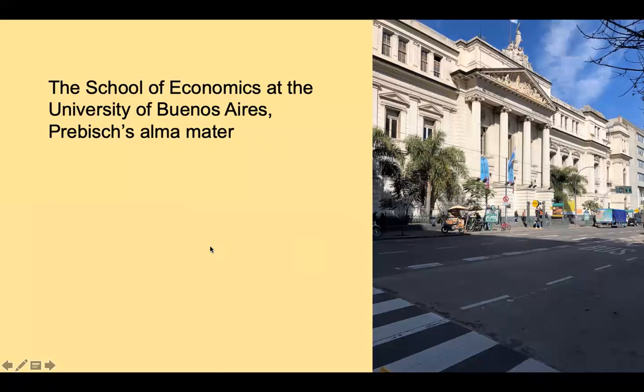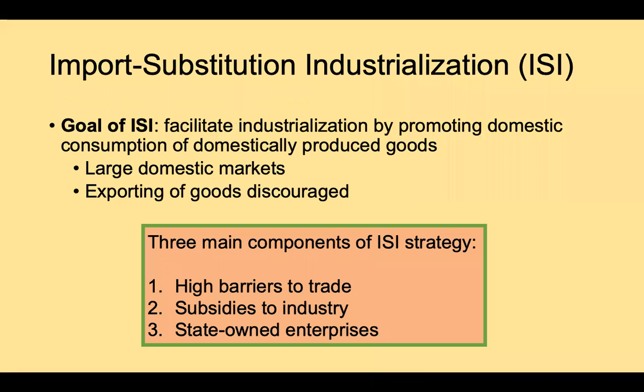And so for Prebisch and for others, the idea was you've got to unplug from the global economy and you've got to focus on developing the domestic economy so as to overcome those declining terms of trade that will doom the domestic economy to underdevelopment if the state does not intervene.